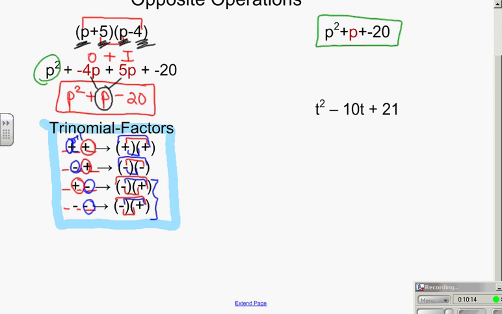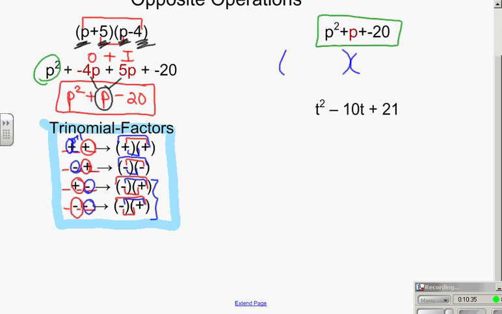If my positive number is bigger when I add it with a negative, I get a positive. If my negative number is bigger when I add it, I still have a negative. So you don't really need to memorize the chart. You just need to know how numbers are built. So let's review our basic factoring.